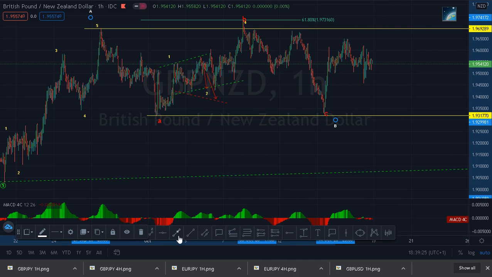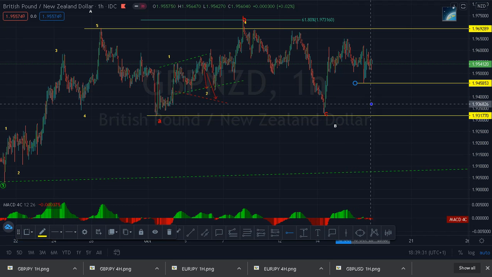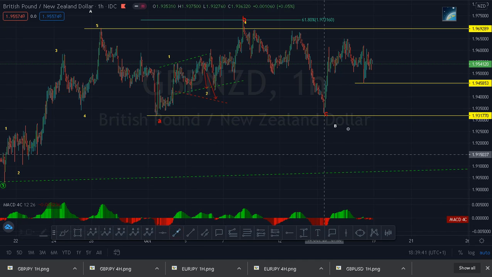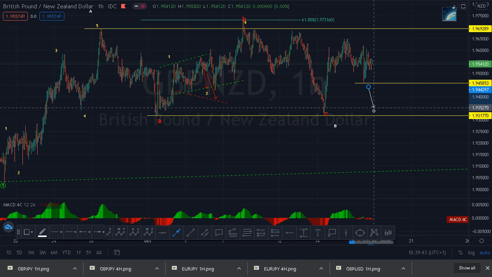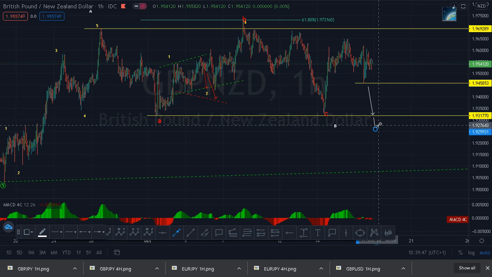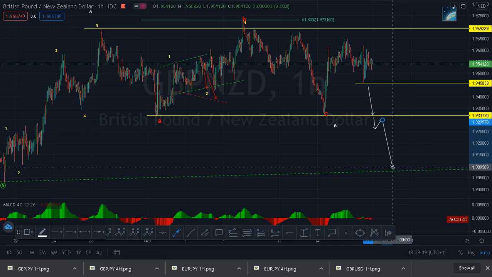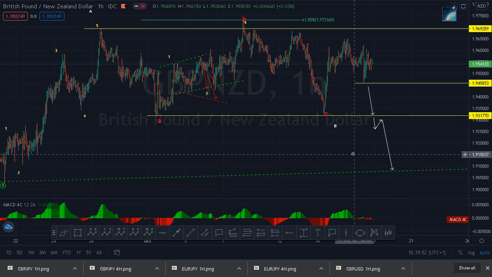If price drops below here, if you get a sharp drop, you might consider selling, maybe with a little loss size, and watch what happens here. If you get a break here, then we sell with confidence. But as of now, be careful on this pair.